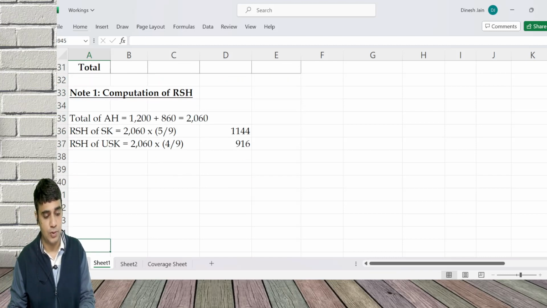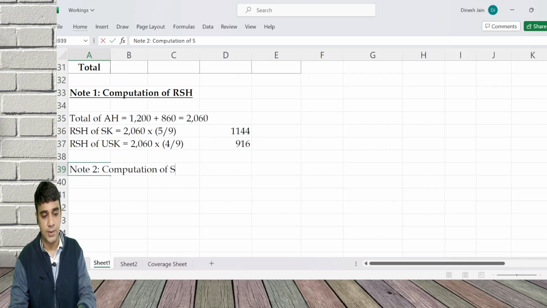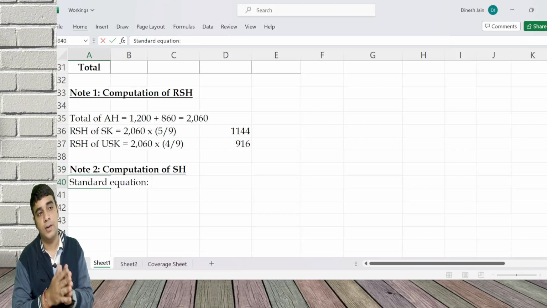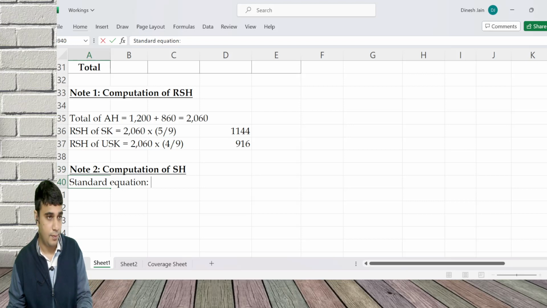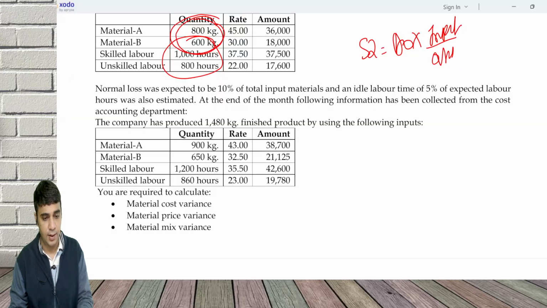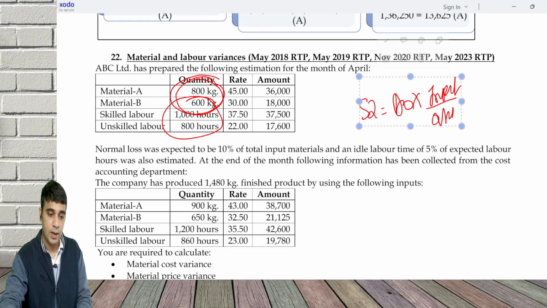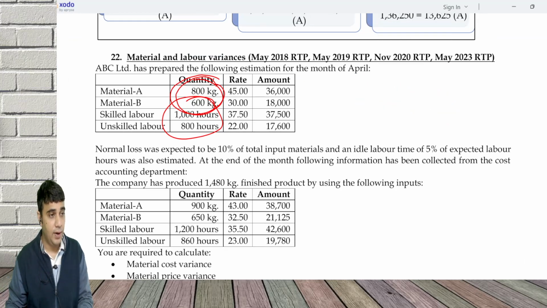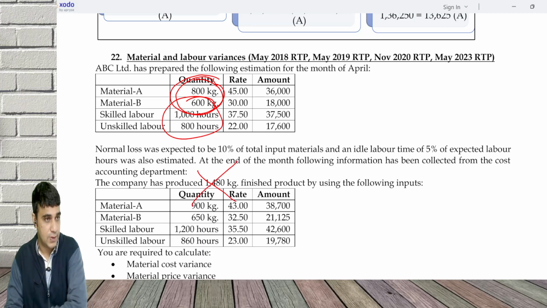Okay, now comes the most important part. Note 2: computation of SH, the standard equation. Listen, it's given in a slightly tricky manner, so I'll take you through the standard equation. When I'm framing my standard equation, I'll not look at this data.